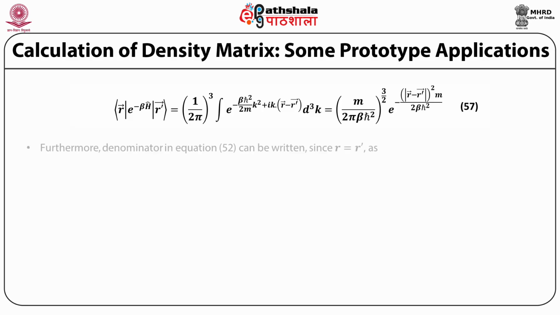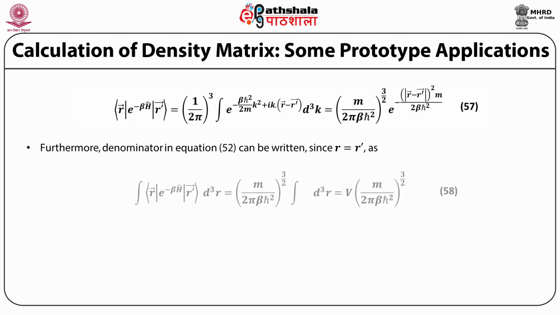Furthermore, the denominator in equation 52 can be written, since r is equal to r dash, as the integral of the matrix element of e raised to power minus beta H between r and r dash integrated over the whole volume, which is equal to m upon 2 pi beta h bar square raised to power 3 by 2 multiplied by the integral of d cube r, which is equal to the volume multiplied by m upon 2 pi beta h bar square raised to power 3 by 2.